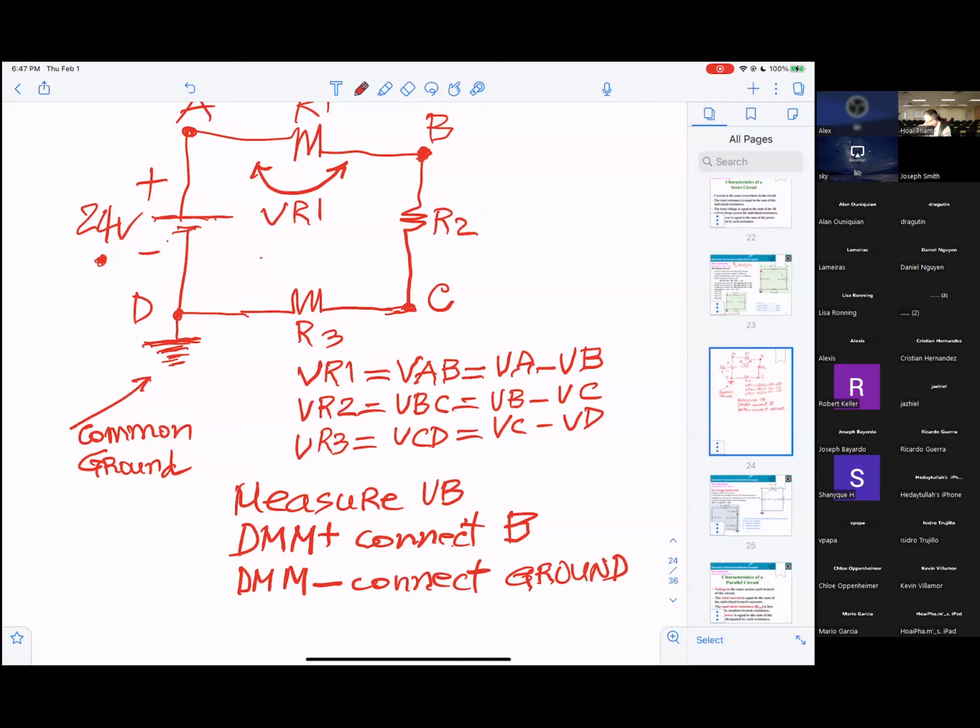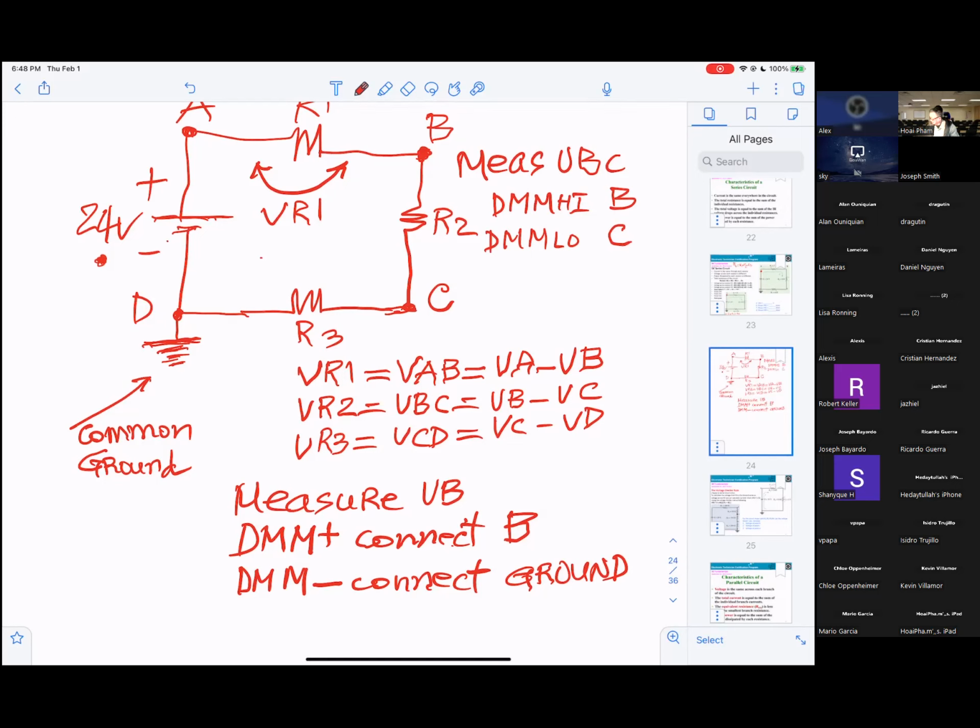Okay? And if they say I want to measure VBC, then the DMM high connects to B, and DMM low connects to C. You see the difference, right?